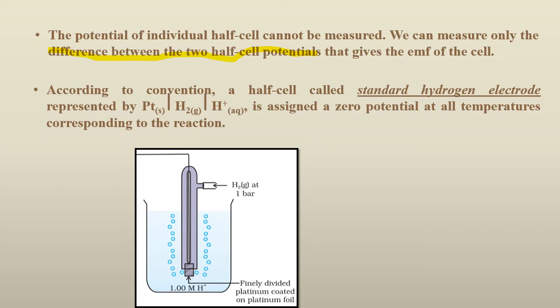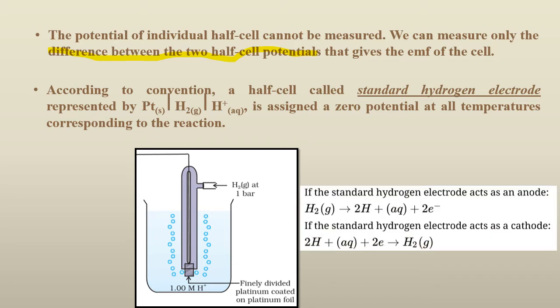Here you can see that a platinum wire is there, which is connected with the platinum plate and dipped in 1 molar sulfuric acid solution. Hydrogen gas passes through it and the following reactions take place. The standard hydrogen electrode, when it is acting as an anode, is going to release 2 electrons.